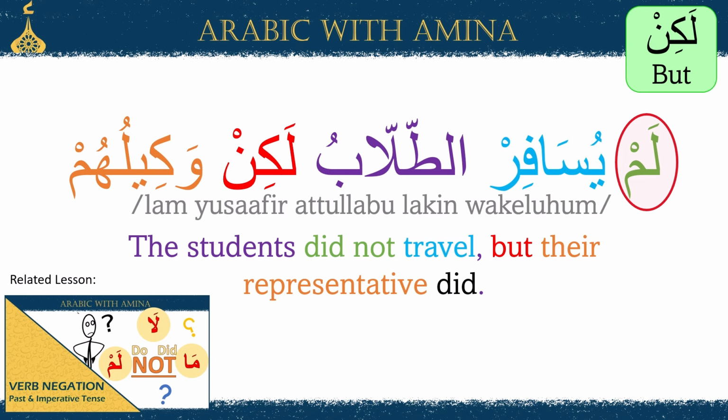So here our negation is with the particle لم, which is equivalent to did not, denying the first part of the sentence and confirming the second. So that is why the first part of the sentence must be negated when using لكن as a conjunction.